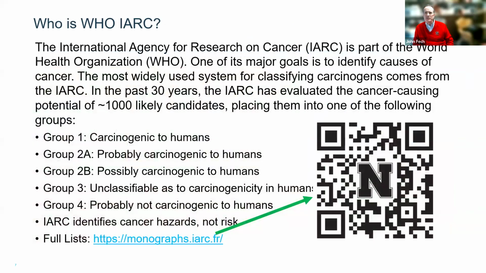A little bit more information on IARC. Again, it's part of the World Health Organization, and its major goal is to identify causes of cancer. They have different ways to do that, and to classify each active ingredient as definitely carcinogenic, probably carcinogenic, possibly carcinogenic, unclassifiable as to whether it's carcinogenic, or probably not carcinogenic.